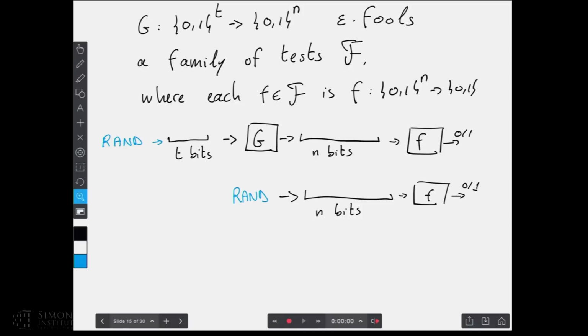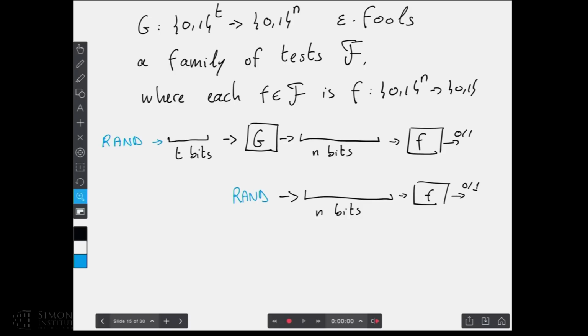for every statistical test in the family, the probability that it's true for a truly random string is the same as the probability that it's true for the output of the generator, plus or minus epsilon. So those constructions are good.